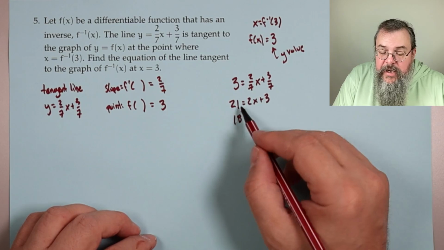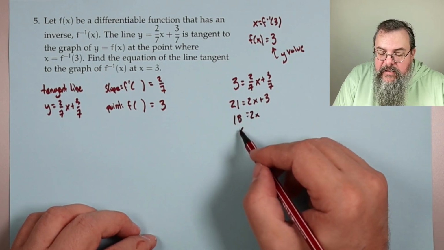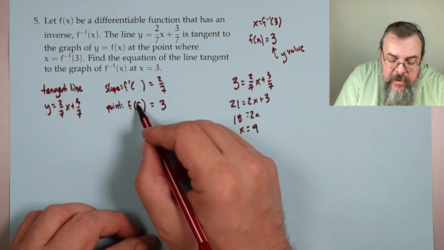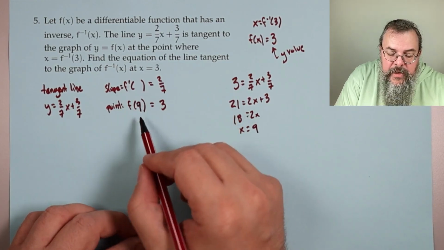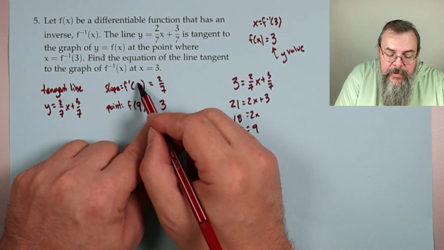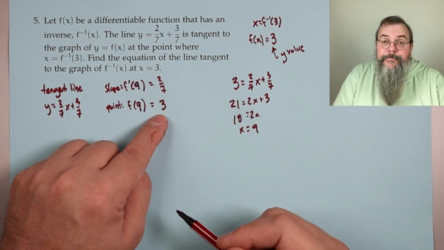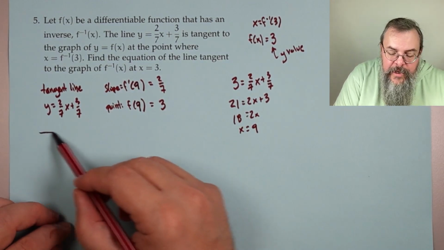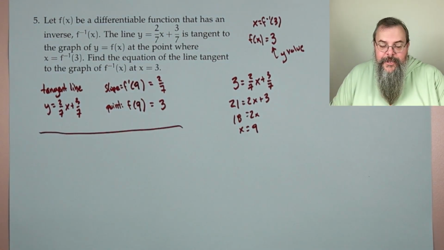I subtract 3, 18 equals 2x. x equals 9. So the tangent line is occurring at x equals 9, y equals 3. And then we have f prime of 9. All right, so we've done a lot of the hard work. That 9 is going to be important to us.